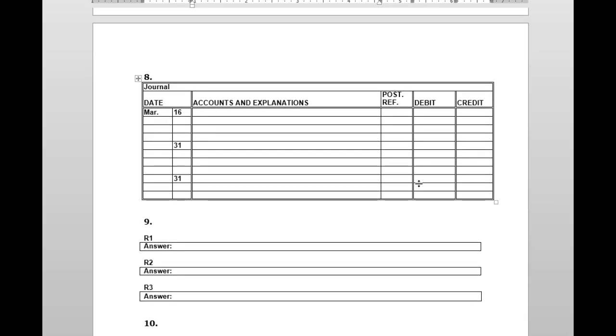And then on number 9, I believe they're going to ask you some questions about the entire 3 through 8, which we've just done. They want to know which method of inventory produced the lowest cost of goods sold, which produced the highest, and then they're going to give you a scenario: if prices were declining, which would be the best inventory method to use.